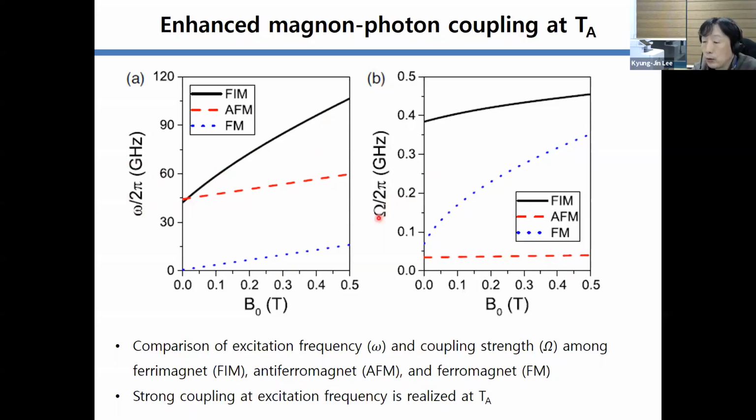And figure B shows the magnon-photon coupling strength. The antiferromagnet is the lowest and the ferrimagnet is the highest, which means that strong magnon-photon coupling at a high excitation frequency can be realized at TA of the ferrimagnet.